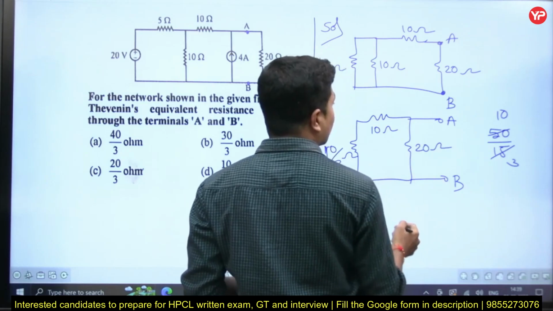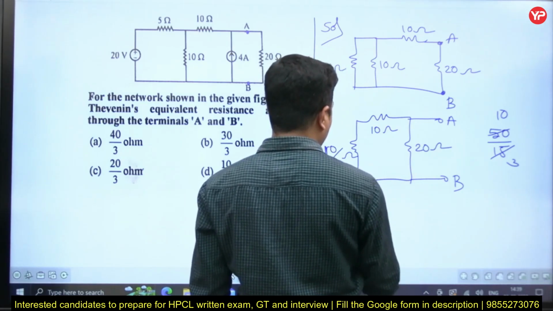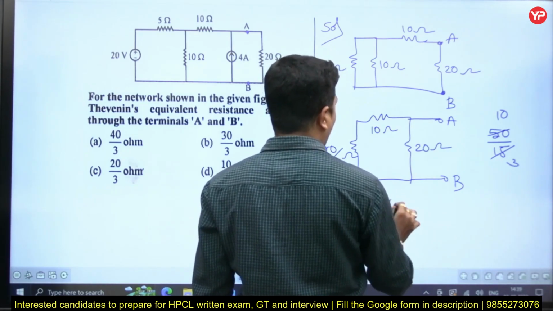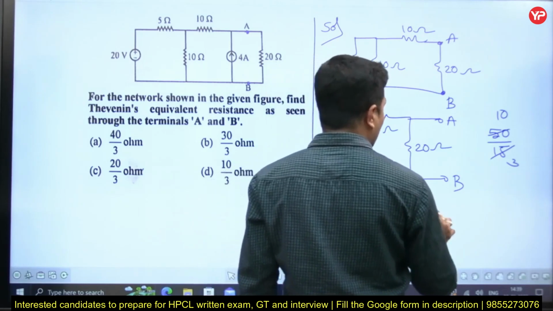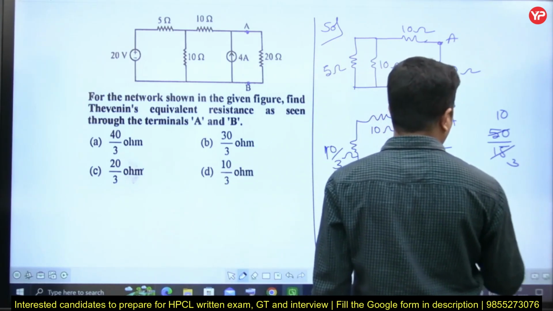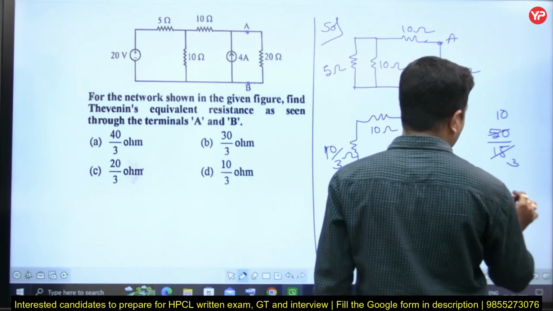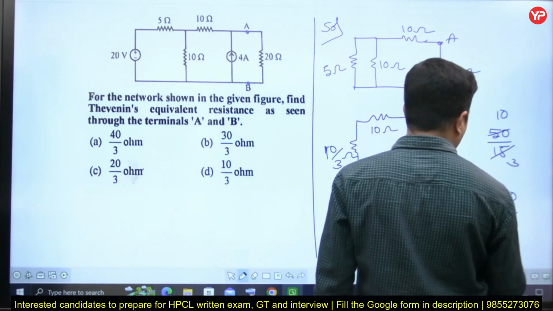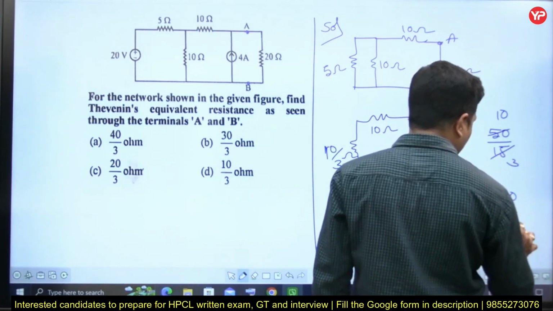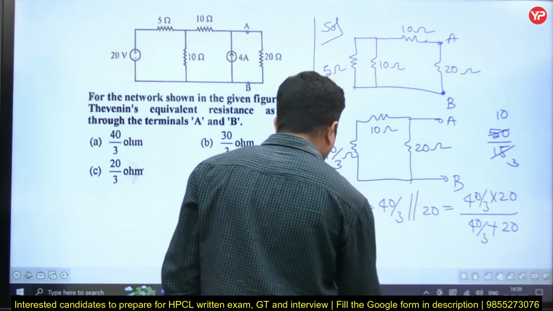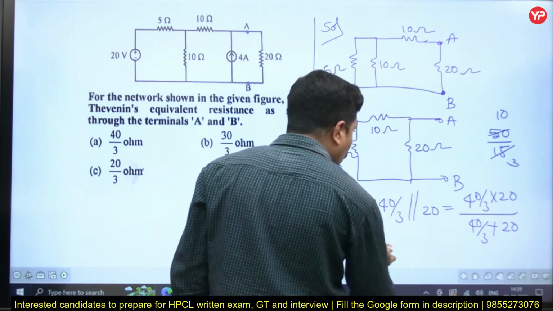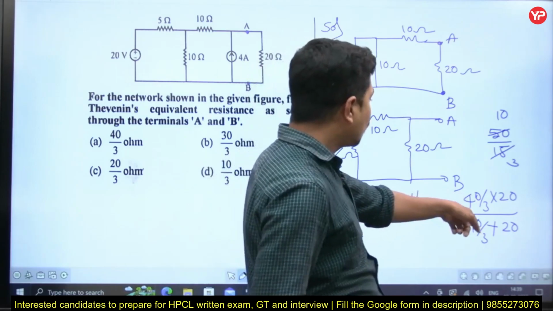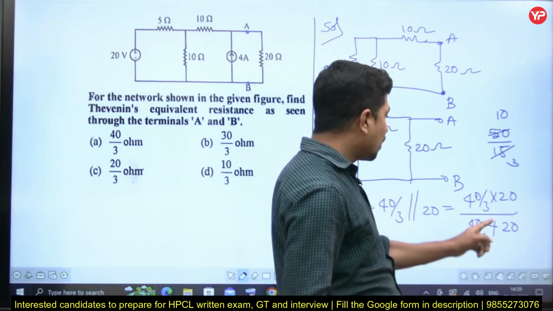40 by 3 in parallel with 20. So RAB is equal to 40 by 3 in parallel with 20. So 40 by 3 into 20 by 40 by 3 plus 20, right? So RAB is equal to 40 by 3 into 20 by 100 by 3.